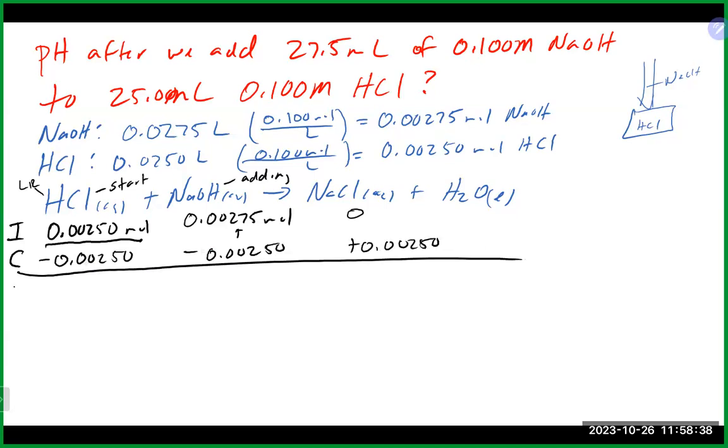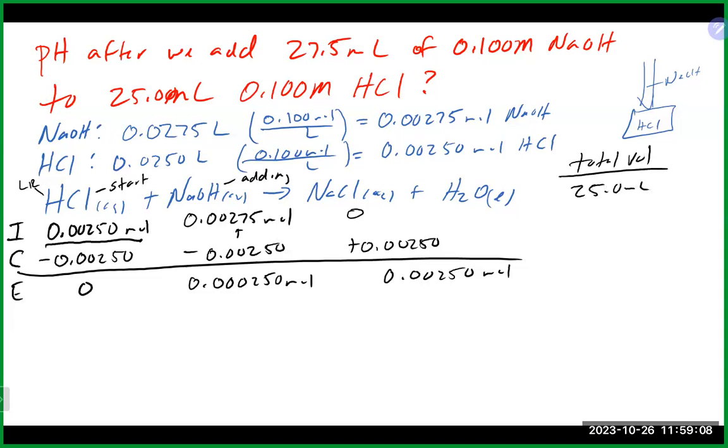And that means that when we reach equilibrium, we have none of the HCl left over. We have 0.00025, I hope, moles. And over here, 0.00250 moles of this. At this point, we do want to convert back into molarity, and our total volume at this point in our titration is: we started with 25 milliliters of our acid.